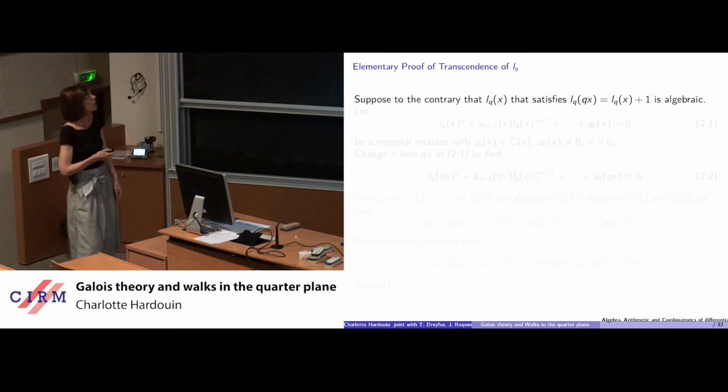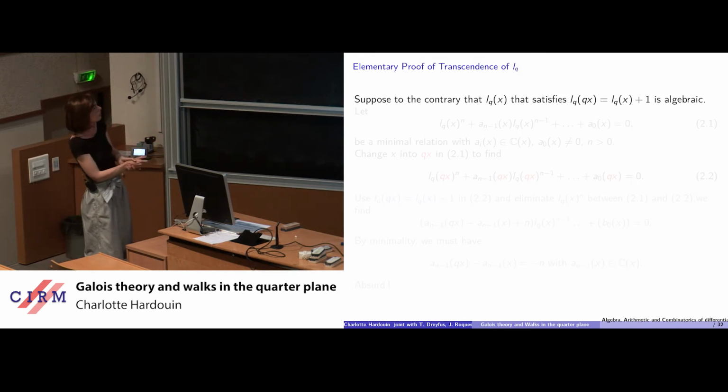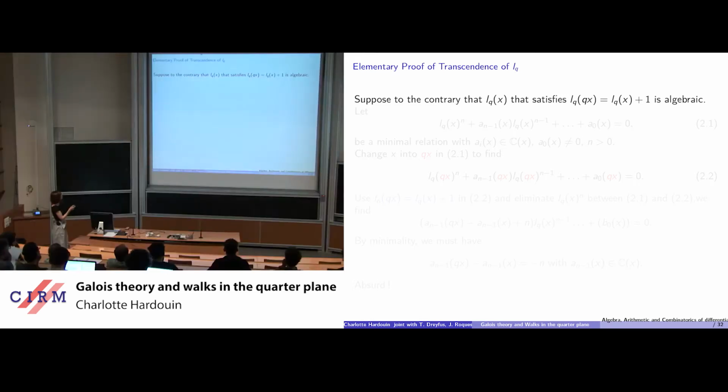So I will just give you a baby example, a very down-to-earth example. You take the q-logarithm, which is the log derivative of a theta function. It satisfies this rank 1 non-homogeneous equation, and you want to show that it's, for instance, transcendental over the field of rational functions. So how do you do this?